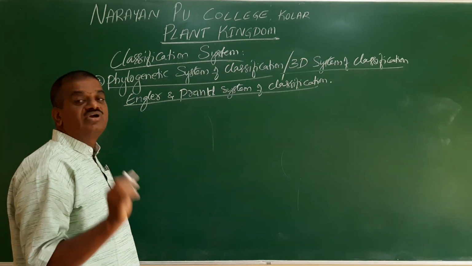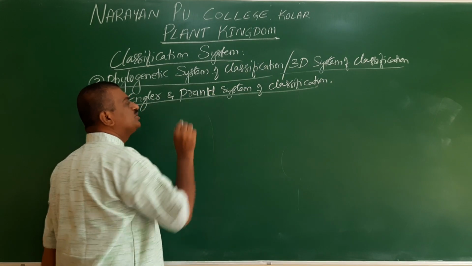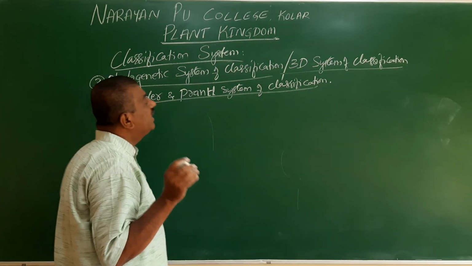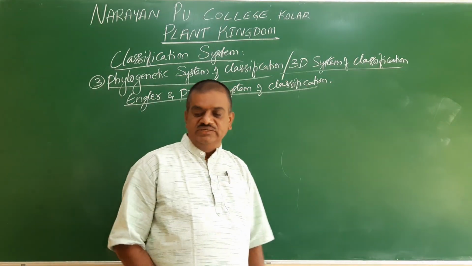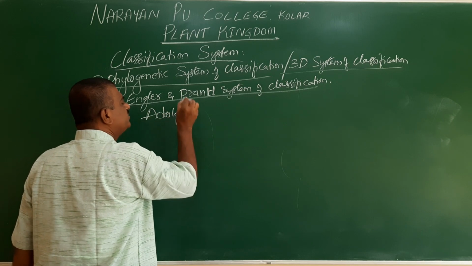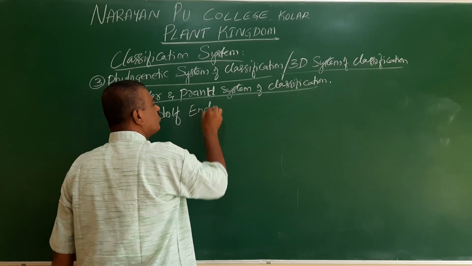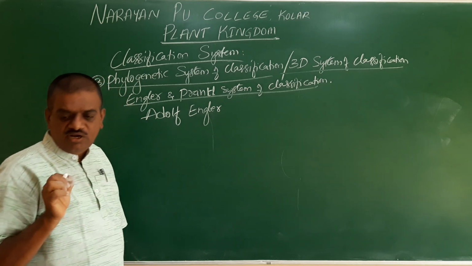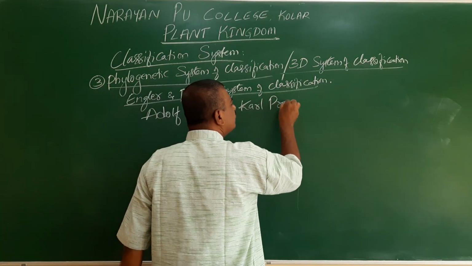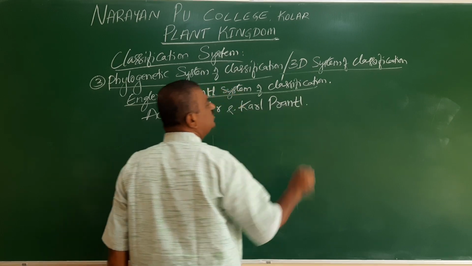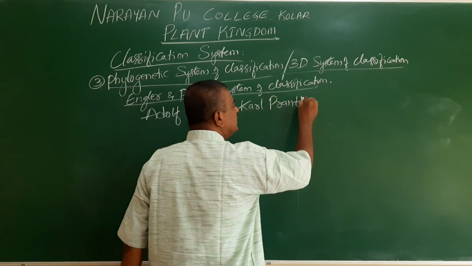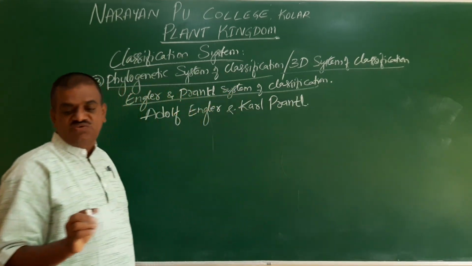This system was proposed by Adolf Engler and Karl Prantl; hence, it is called the Engler and Prantl system of classification.